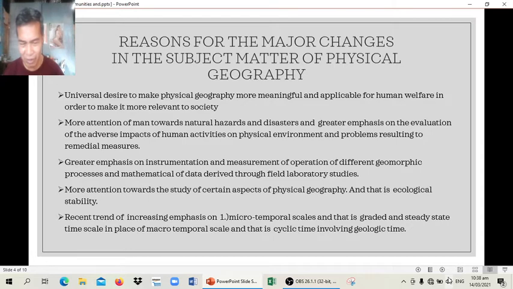Mas tinitingnan natin yung maliliit na sukat para makita ang steady state of time scale. Yung bang siguro maaaring 20 years, 10 years, 5 years o 1 year, up to probably 100 years. Kaysa doon sa tinitingnan natin ng macrotemporal scale, and that is cyclic time involving geologic time.